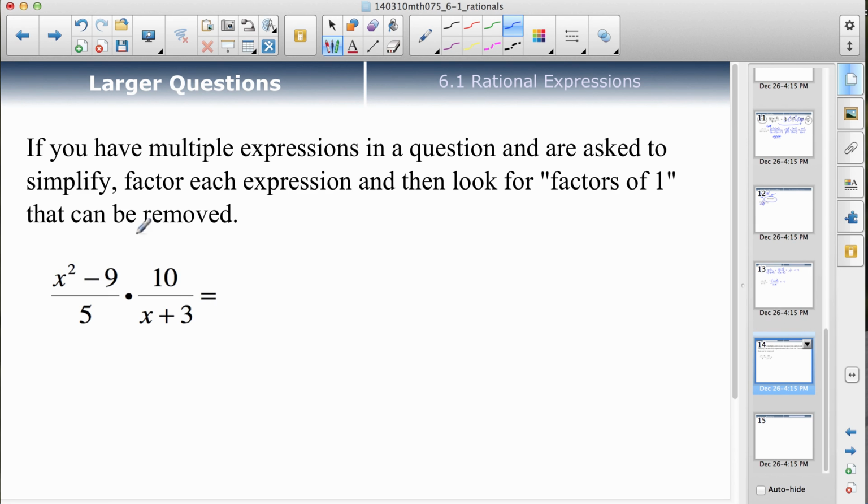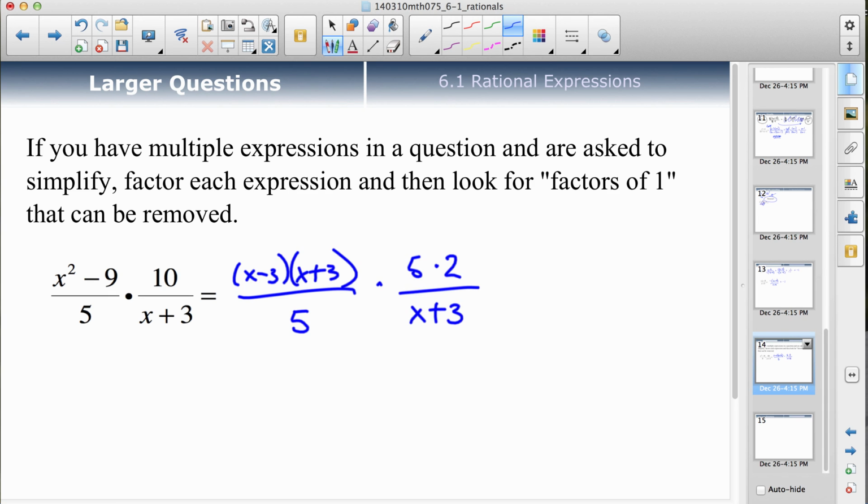Always factor, factor, factor. So x squared minus 9, that's a difference of squares, over 5 times, I see a 5 here, so automatically with this 10, I'm calling it as 5 times 2, over x plus 3. Now I see things that are the same.